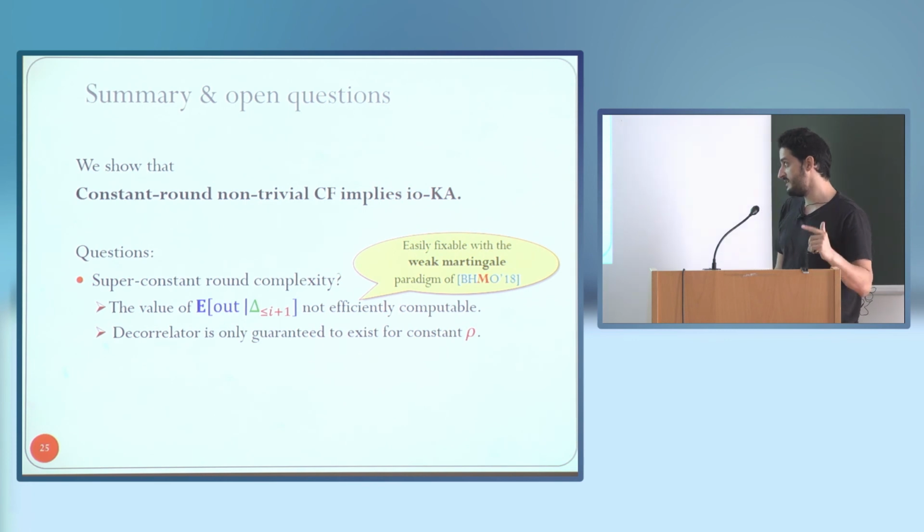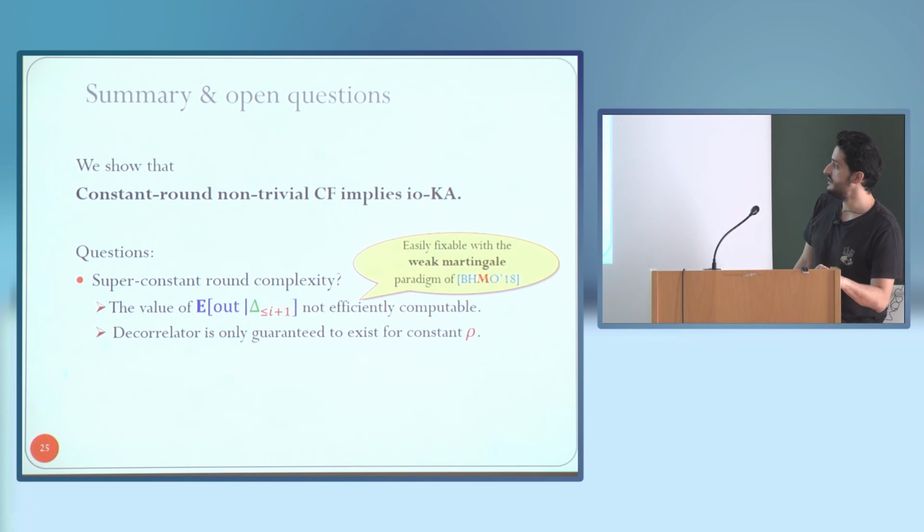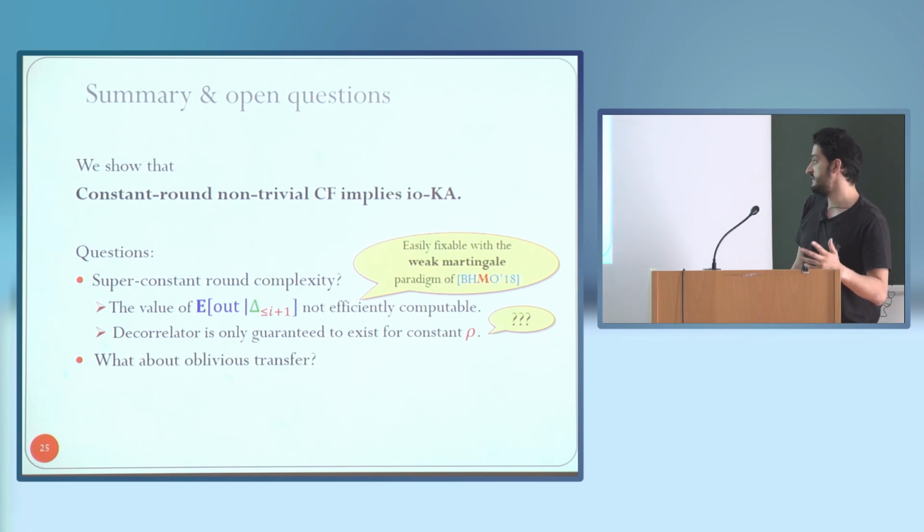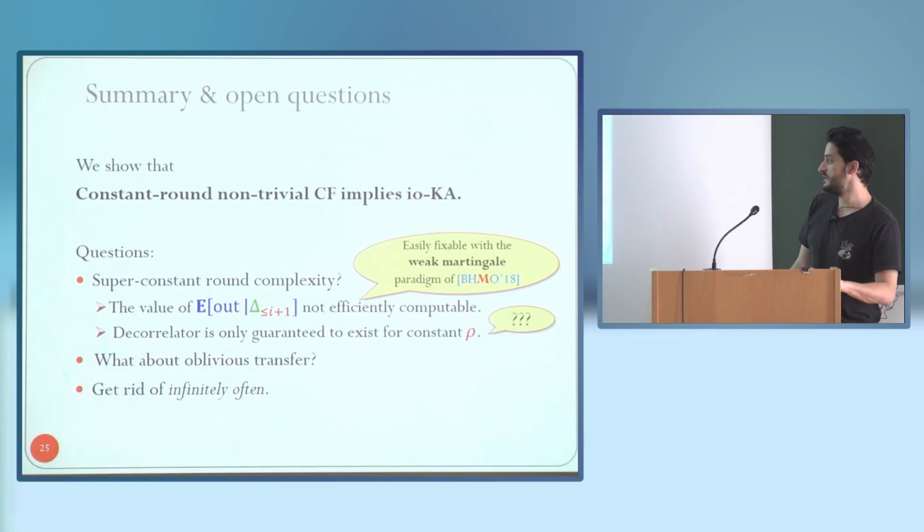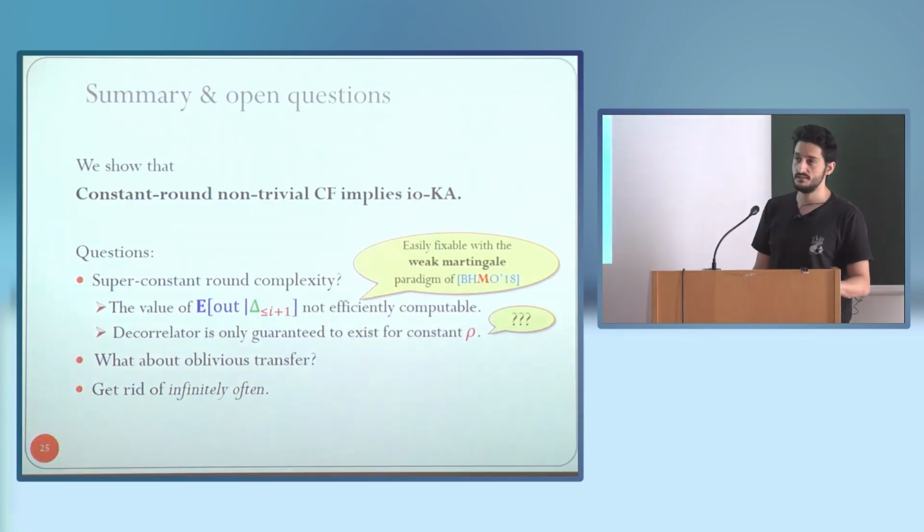The second, more important problem is that the decorrelator is only guaranteed to exist for a constant row, and this we don't really know how to handle. Again, ideally, we would like to show what we suspect to be true, that non-trivial coin flip implies oblivious transfer. And finally, can we get rid of the infinitely often business? Thank you.